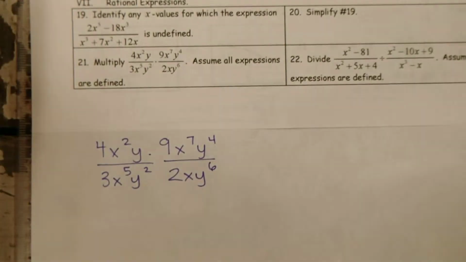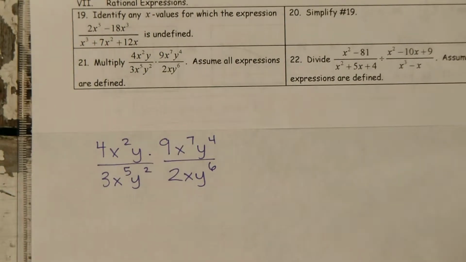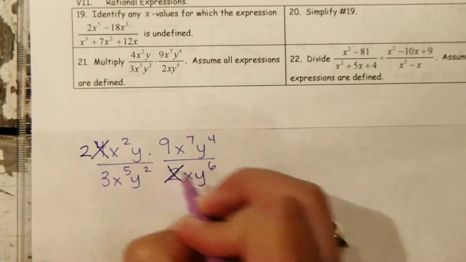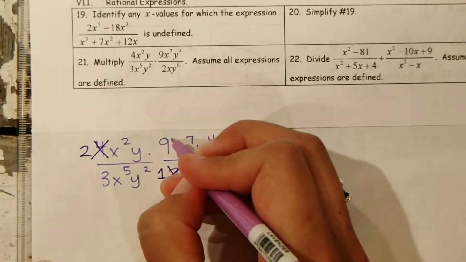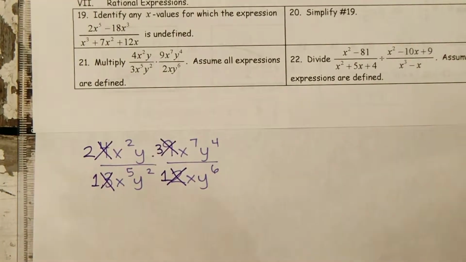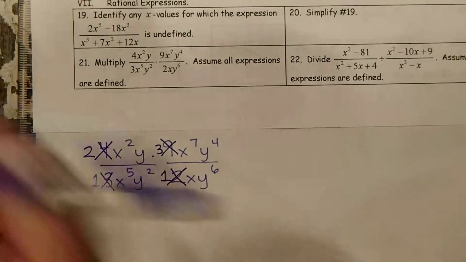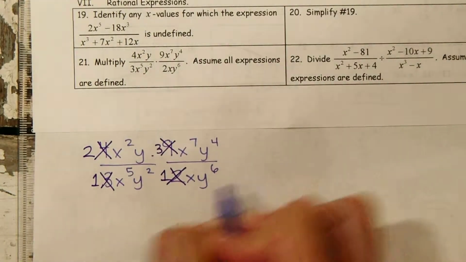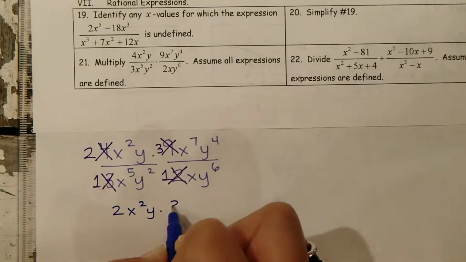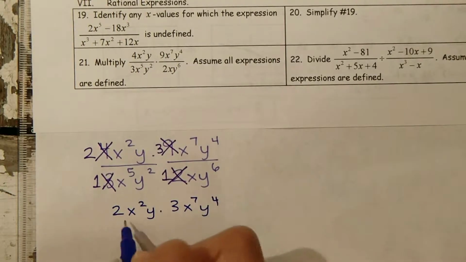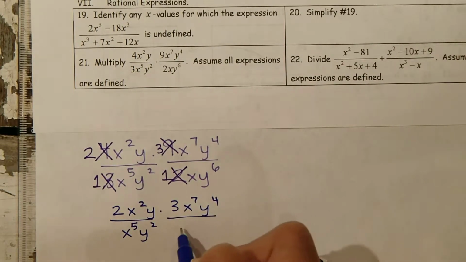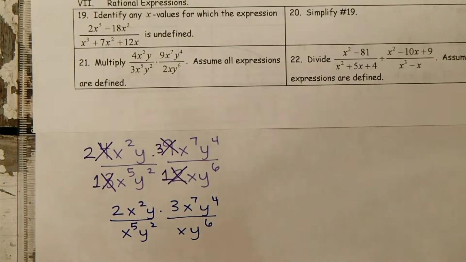Okay, so let's reduce this stuff. 4 over 2 can reduce to 2 over 1. 9 over 3 can reduce to 3 over 1. So let's rewrite this. We've got 2x squared y times 3x to the 7th y to the 4th over 1x to the 5th y squared, 1x y to the 6th.